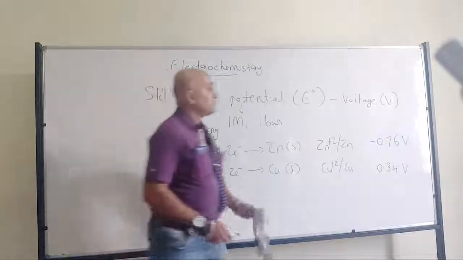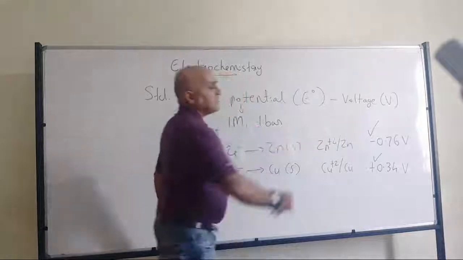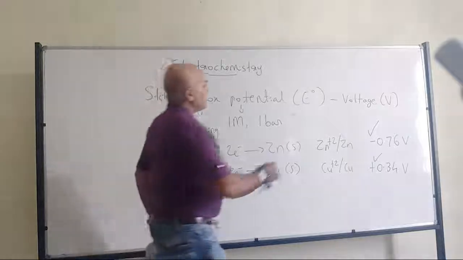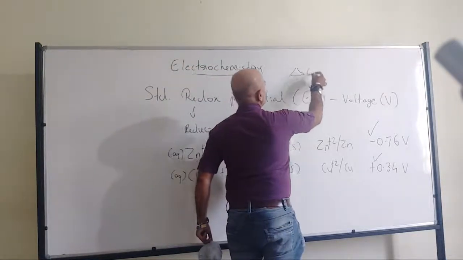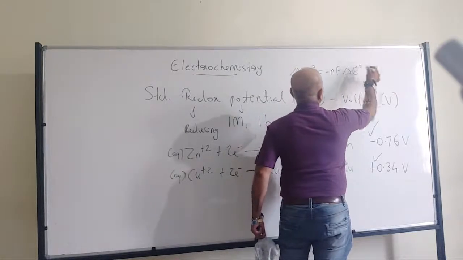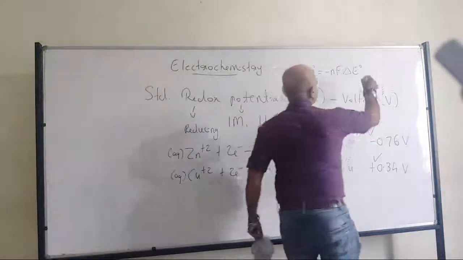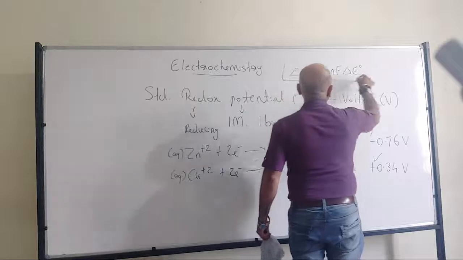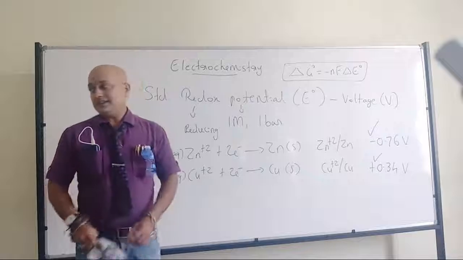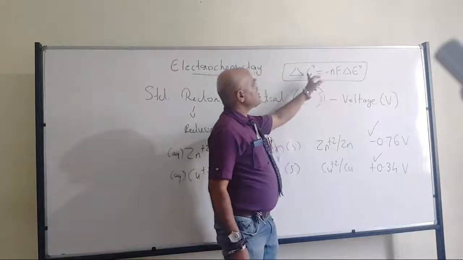So we have to focus on the charges. Here it is positive, there it is negative. What does it indicate? In the Gibbs free energy equation, delta G naught is equal to minus n F delta E naught. That's another important equation. If I substitute a negative delta E naught value, what happens to delta G naught?